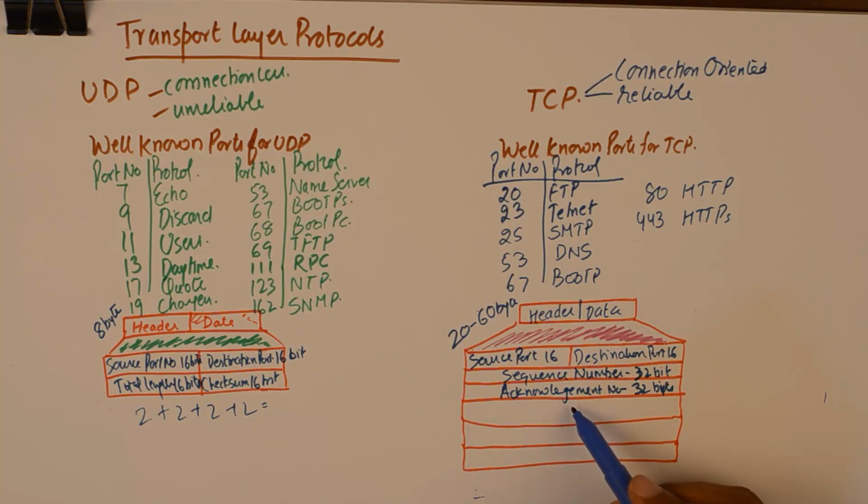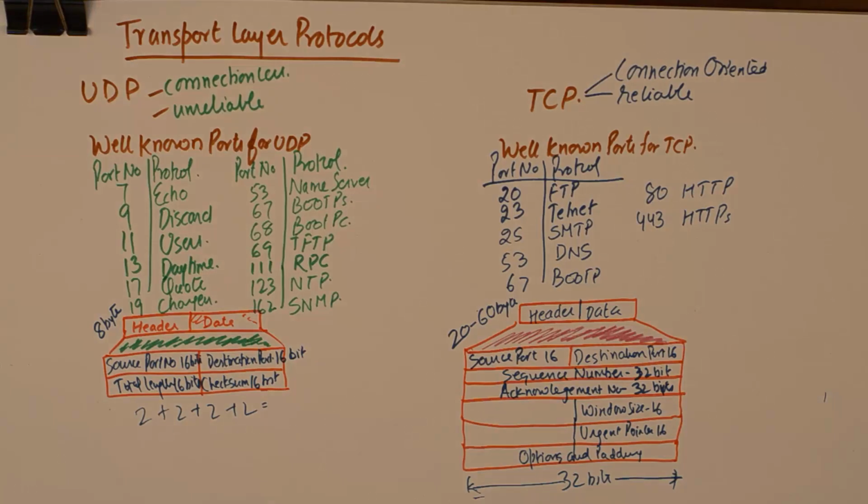Then the window size, 16. Urgent pointer, again 16. Just look at how many options are being provided. Then we have options and padding, 32. By the way, this whole length represents 32 bits, so anything which is divided is 16. Then we have checksum, which is 16.